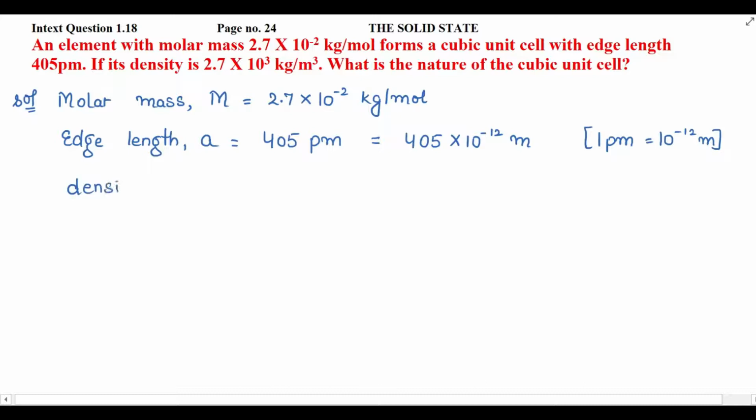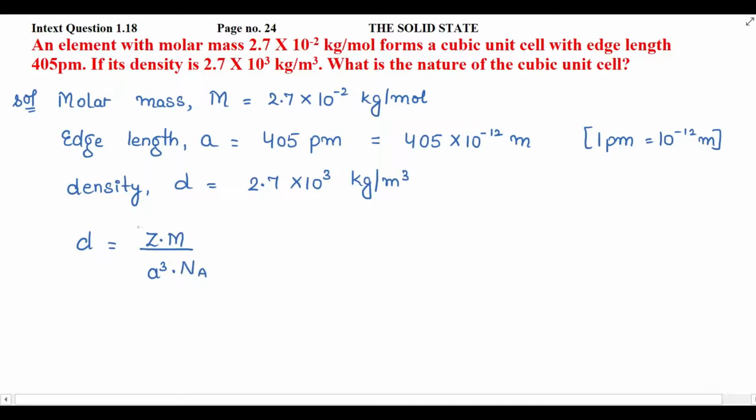Density, the value of d equals 2.7 × 10^3 kg per meter cube. They are asking you to find the nature of the cubic unit cell. We can find this by the formula d equals Z × M over a cube × N_A.